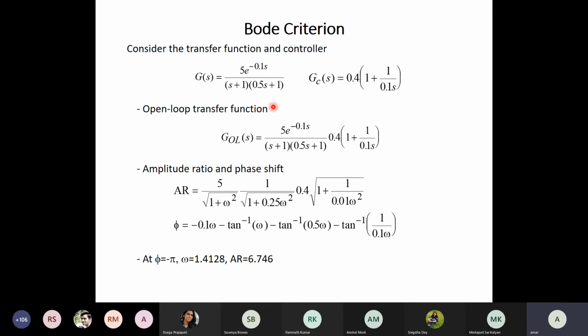In that case, I use only G(s), and find out the omega at phi equal to minus pi. From that omega, I will find out what the AR is from these equations, and 1 by AR at omega CO will be my ultimate gain.